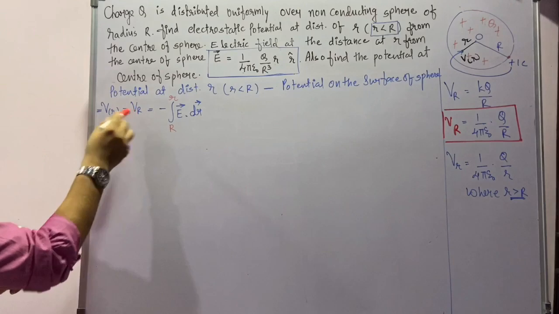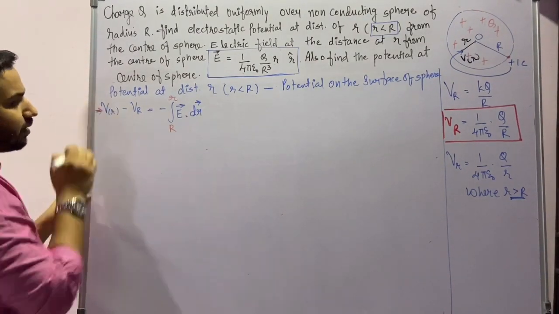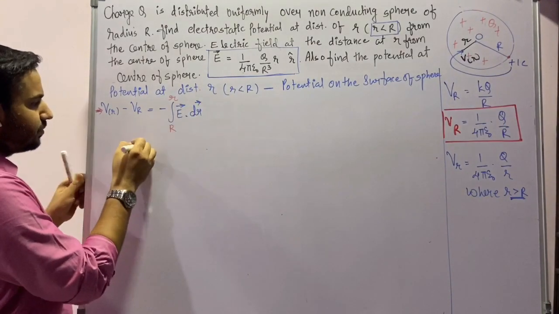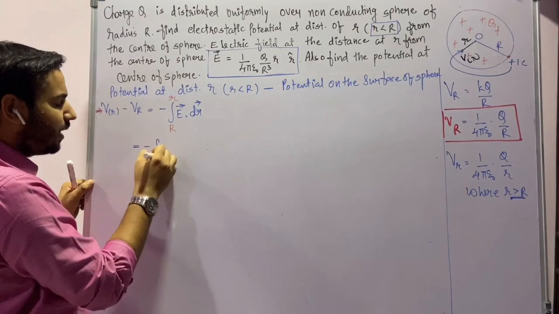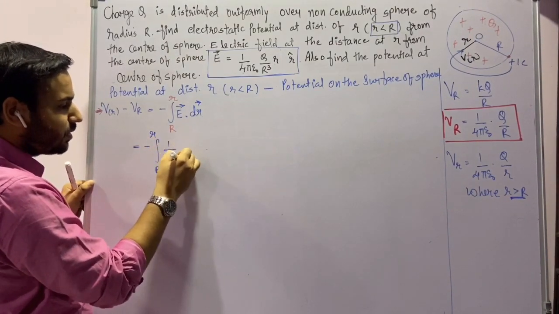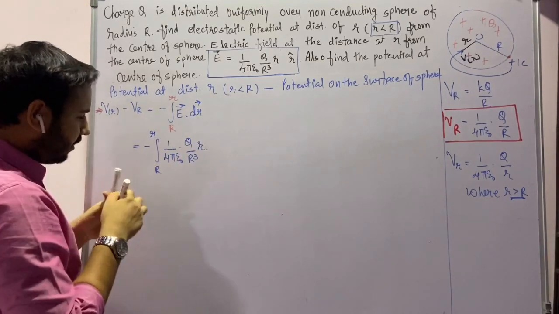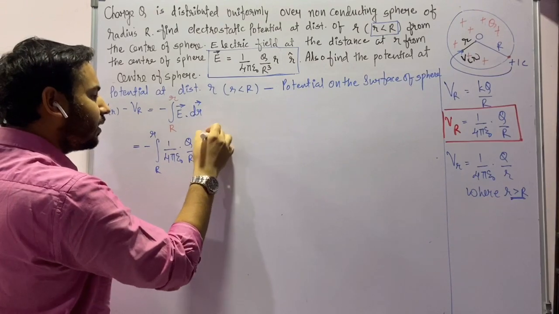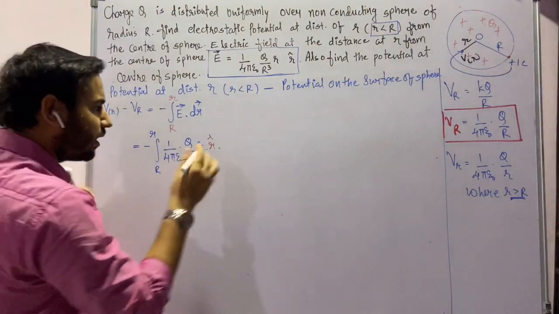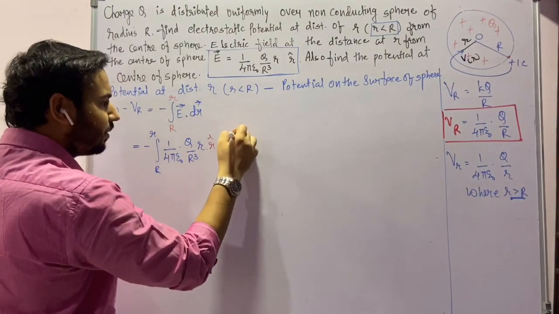Now, V of small r minus V of capital R is minus integral of E dot dr. The electric field is given in the question. What is the electric field? Minus integral from R to small r of 1 upon 4 pi epsilon naught Q upon R cube r cap dot dr. This dr is a vector, so I should write dr r cap.